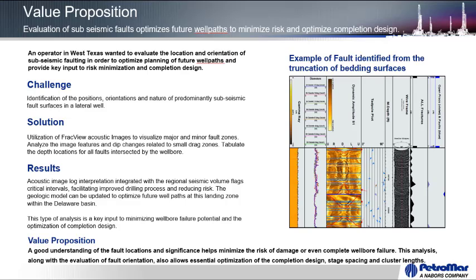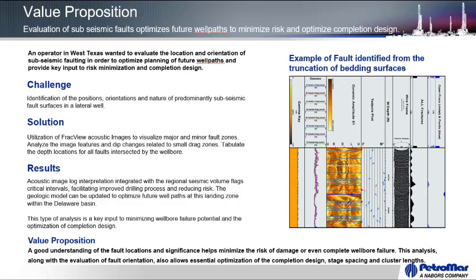So our solution was to use our FracView images to visualize where these major and minor fault zones were, to identify the positions of those faults and look at the nature of them. We would use our images to analyze the image features, the dip changes, anything related to drag zones, and then tabulate all of those depth-related results for all of the faults intersected by that wellbore.